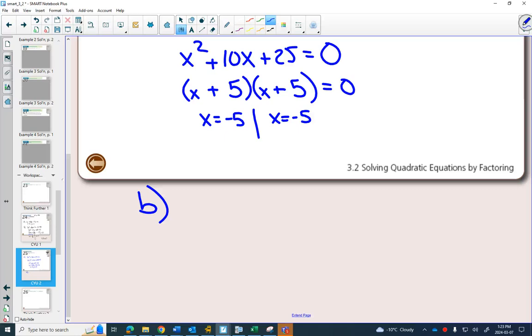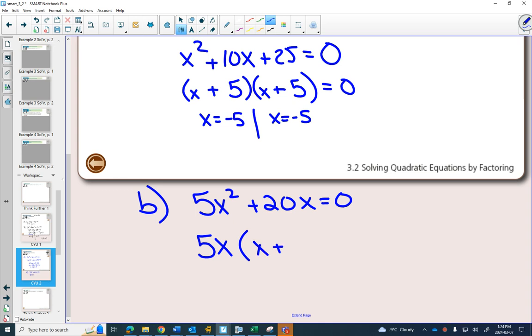So correctly, I would say, hey, I notice it's not equal to 0, so I'm going to take that 20x, that's negative 20x on that other side, add it to this side to make it equal to 0. This is a quadratic equation, but we have a common factor. There's a 5 in common, and there's also an x in common. So I can pull out a 5 and an x, and be left with x plus 4.